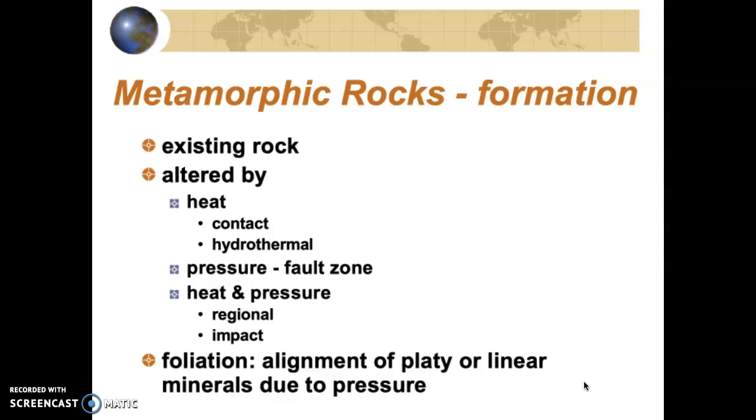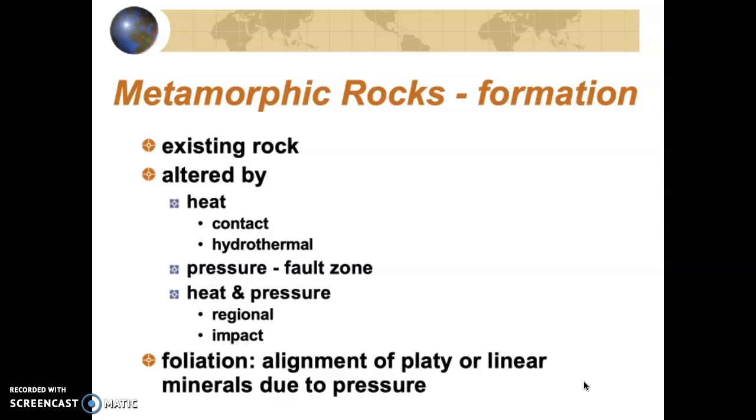And there are a number of environments where this can occur. You can get straight up heat by being in contact with some molten rock or with warm water that's moving away from an igneous intrusion. So igneous intrusions, there's a relationship here. They can cause contact and hydrothermal metamorphism.